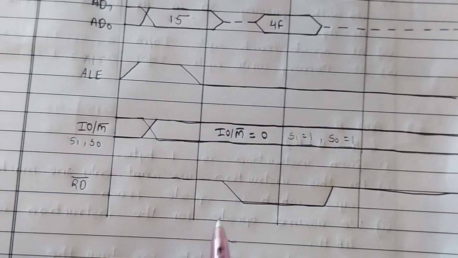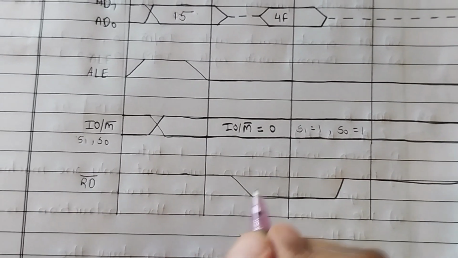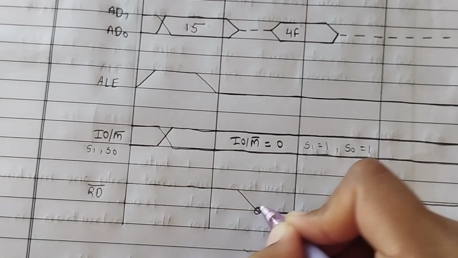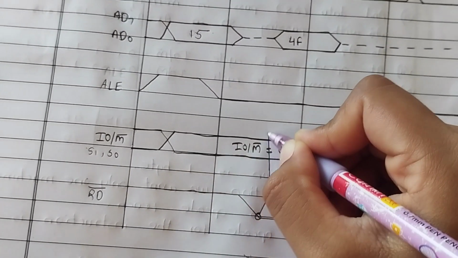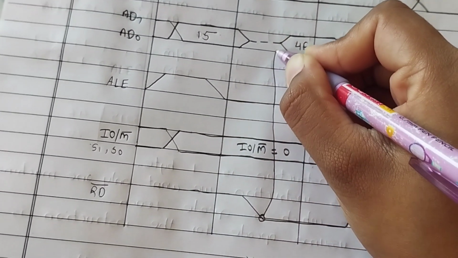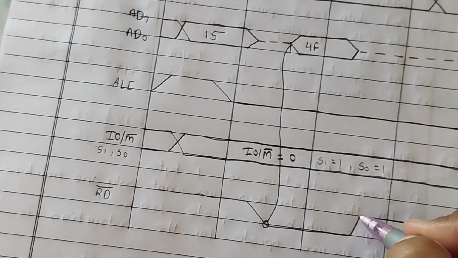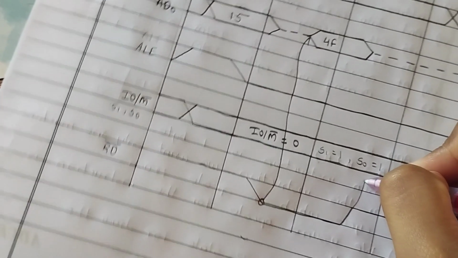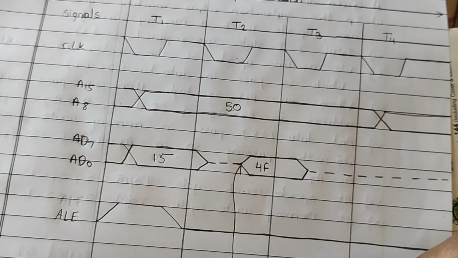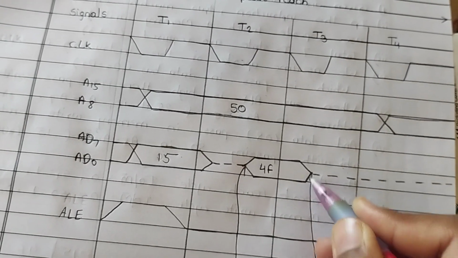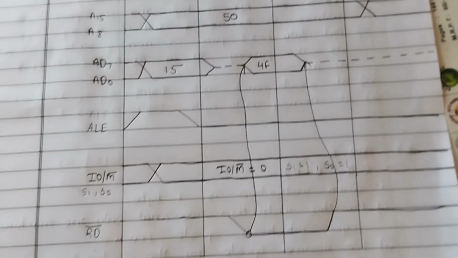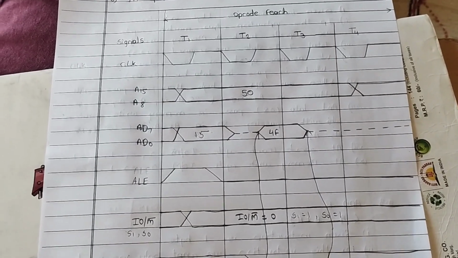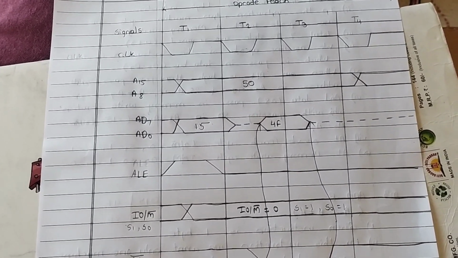In this way we draw the read bar signal, and we indicate it with an arrow. In the same way we draw all opcode fetch machine cycles.